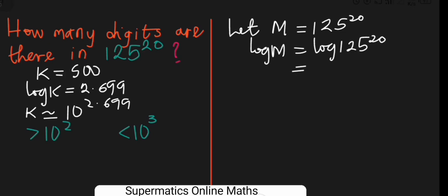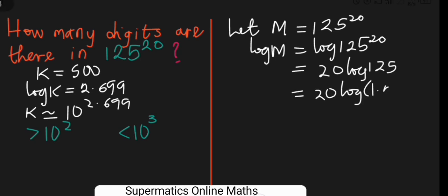This is the same thing as 20 times the logarithm of 125, which is further written as 20 times the logarithm of 1.25 times 10 to the second power in standard form.